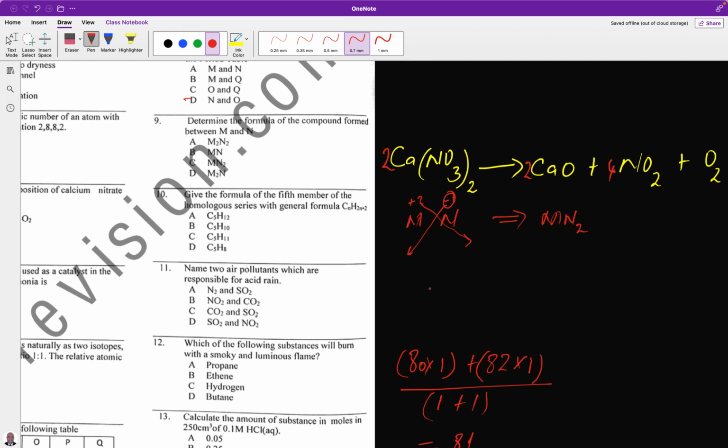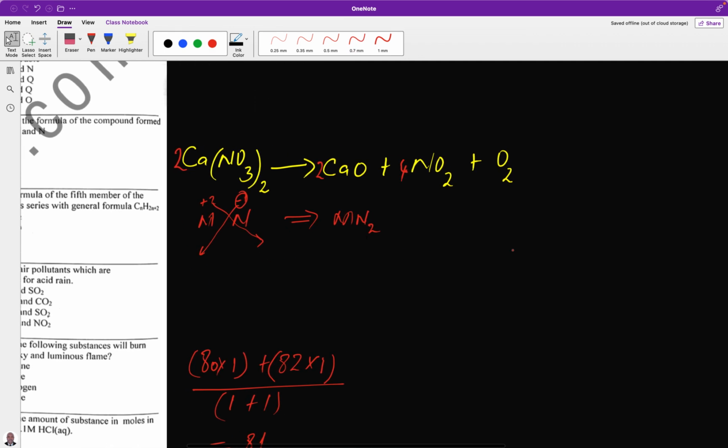For method number 2, we have M and N, with +2 and -1. The +2 on M cannot be balanced by a single -1, so we need to add another -1.